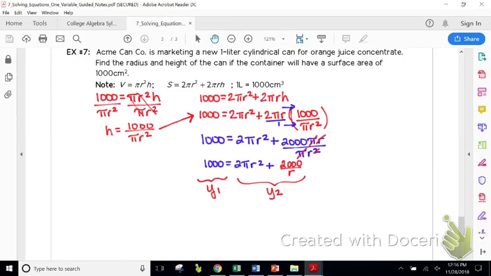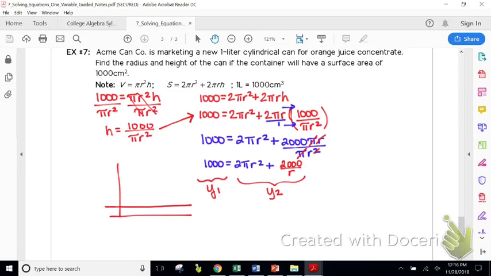Now, remember, X is my radius. And we're talking about surface area, so is anything ever going to be negative? No. So go to your window and put your minimums as 0. And when you do that, you see that line that's going across?